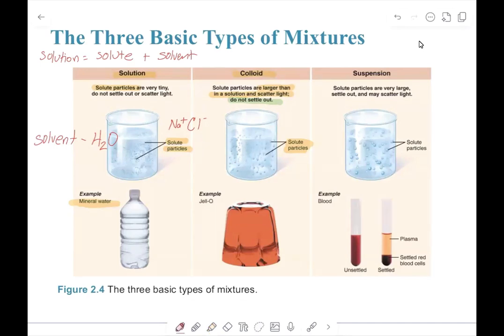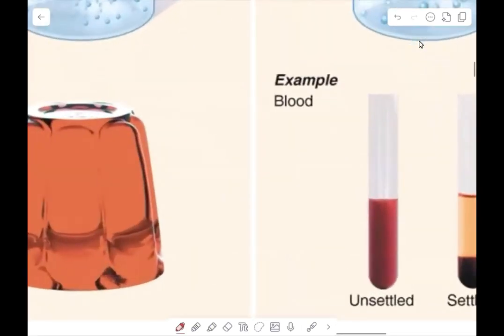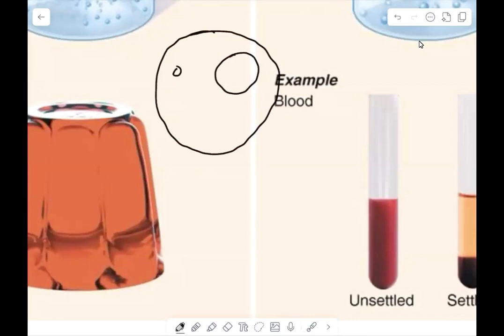Another example, though, that's actually in the cell of the human body would be cytoplasm, because the solute would represent whatever particles are within the cytoplasm.